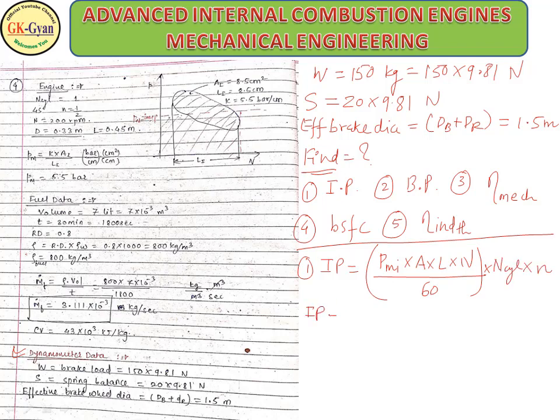So PMI is 5.5 into 10 to the power 5, into area pi by 4, diameter of cylinder 0.33 squared, length 0.45, N is 200 divided by 60, and number of cylinder is 1. Small n is half, so in the denominator is 2.